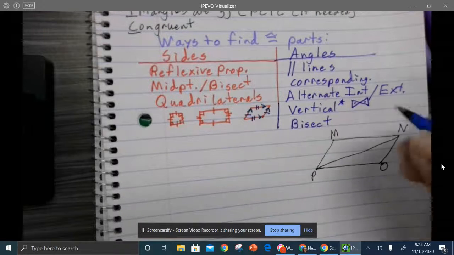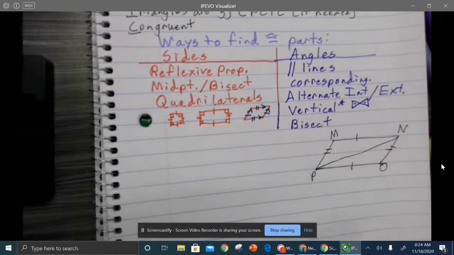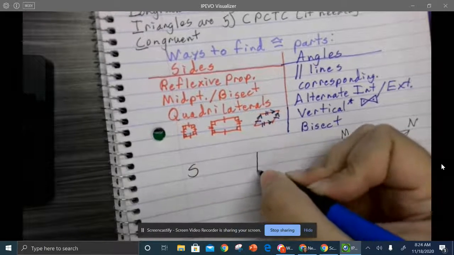We are given, so we're going to do our statements and our reasons.